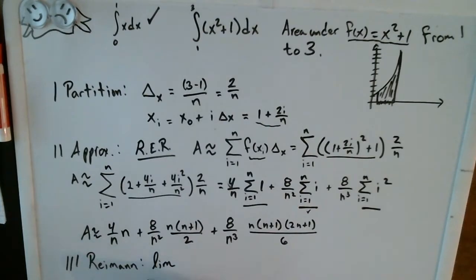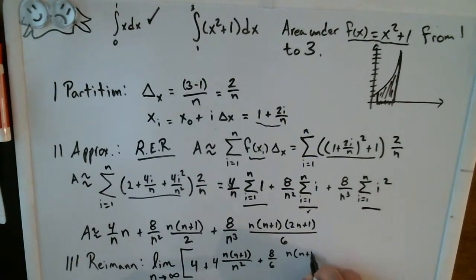The limit as n goes to infinity of, drum roll please, this one's easy to simplify, so I will, plus 8 over 2 is 4, n times n plus 1 over n squared, that comes from all that term, plus 8/6, whatever that works out to, n times n plus 1 times 2n plus 1 all over n cubed.